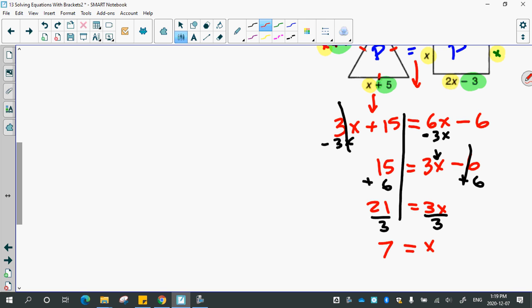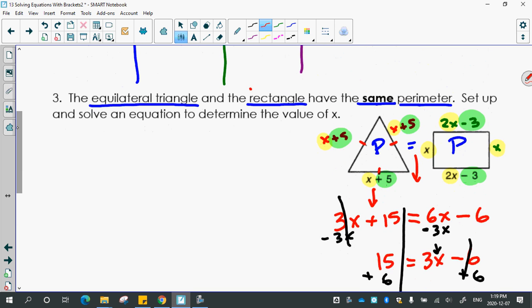And then you want to always jump back and see what the question asks. So it says, set up and solve an equation to determine the value of x. So we made the equation.